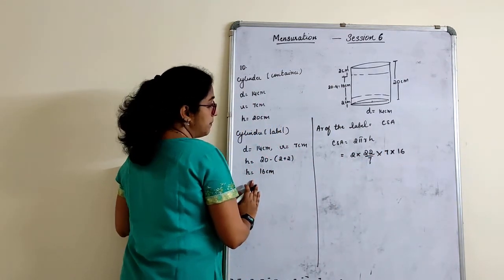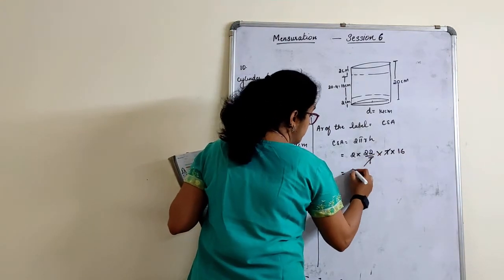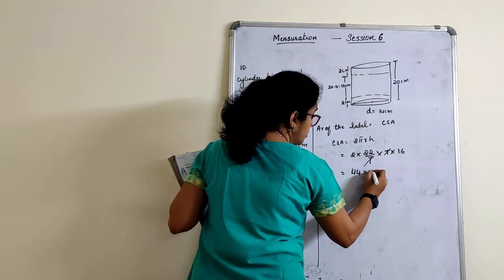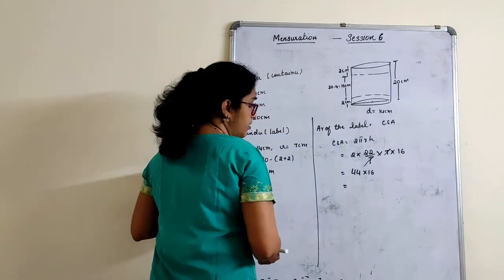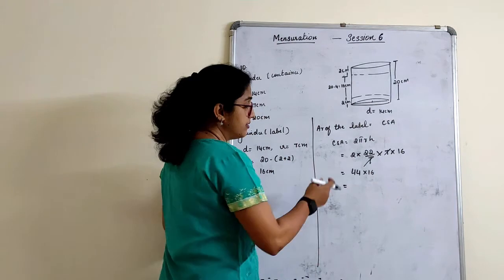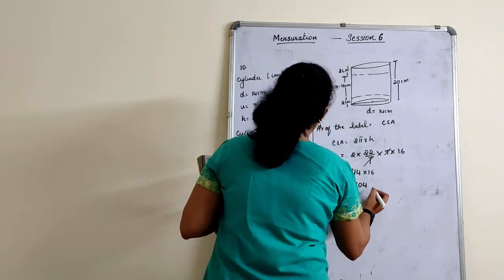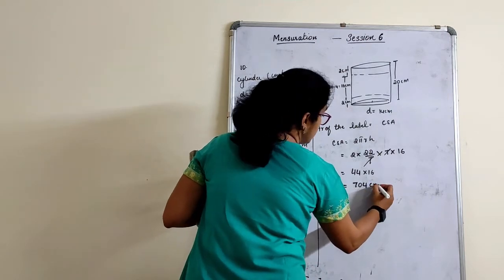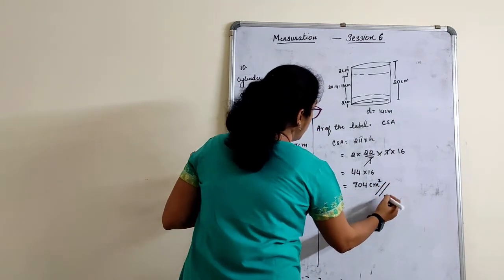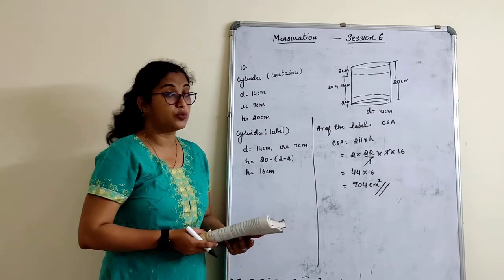I am talking about the label here. This was the given one. So 7 and 7 cancelled. 44 into 16. So this you can do how you know, children: 40 into 10, then 40 into 6, like that. 704 centimeter square. Therefore, area of the label is 704 centimeter square.